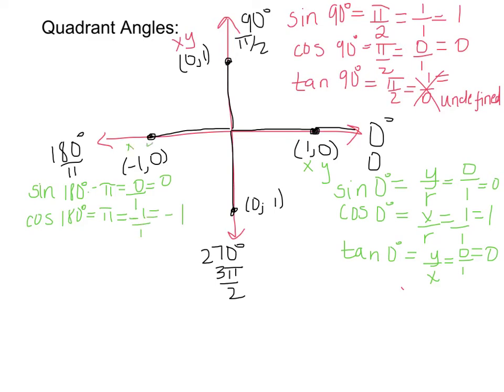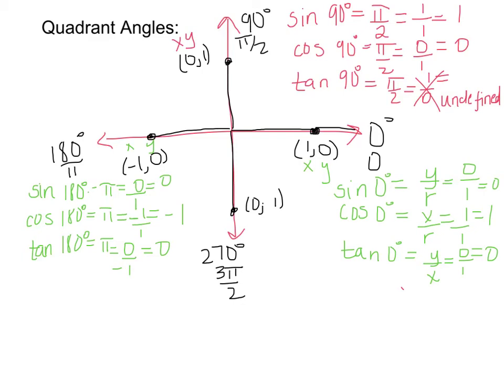Oh, let me label these for you. And then we have tangent of 180, or pi, which will be y over x. And now this one is 0. So it's okay to do tangent of pi. We can't do tangent of pi over 2.